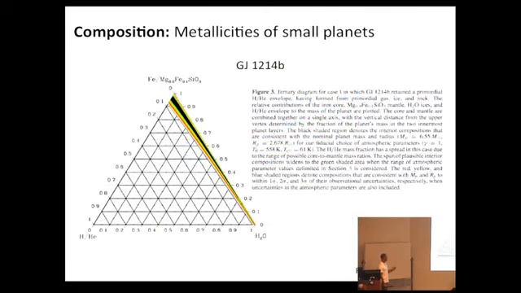The quintessential example of this degeneracy in the interior structure is the planet GJ1214b, the second discovered transiting super-Earth. This is a figure from Leslie Rogers and Sara Seager, published right after the planet was discovered, showing the degeneracy in the interior structure models, using even a fairly simple model where you have an iron core, a silicate mantle, perhaps a volatile species layer, and a gas envelope.